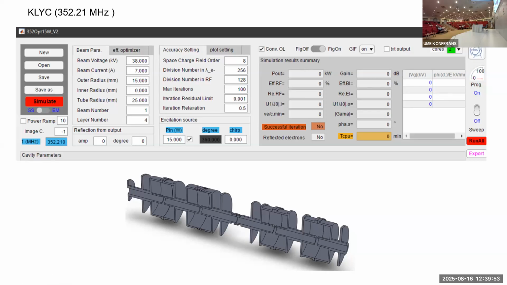Because ready-to-use power amplifiers, power sources, you can find at about 200 to 500 megahertz. If you combine all of them, it's about 700 watts each, then 2 megawatts in a circle.